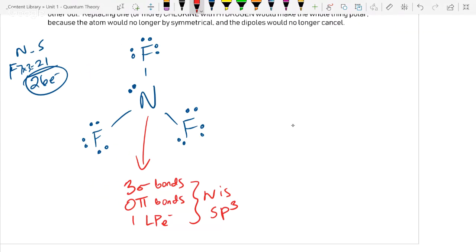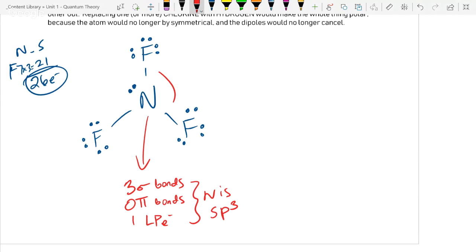But this only has 3 things attached to it. What's its shape? Pyramid. Good. It's not trigonal planar, right? It's not the flat triangle. This would be, by the way, what would we expect this bond angle to be? It's based on 109.5, but it's got to be 107, 108.